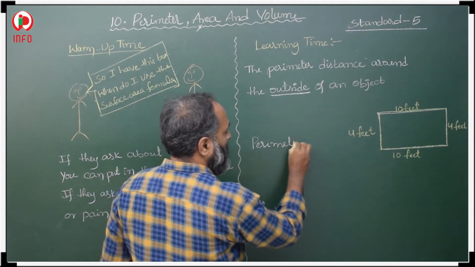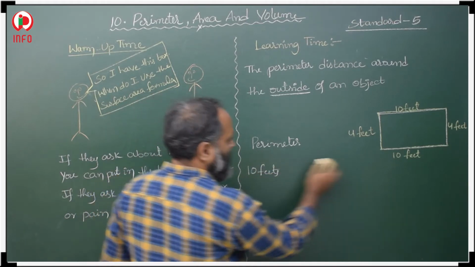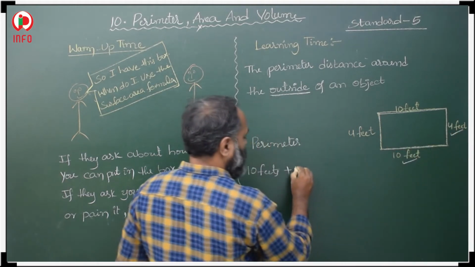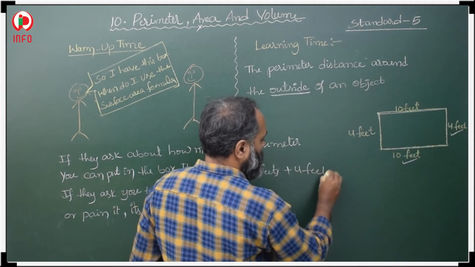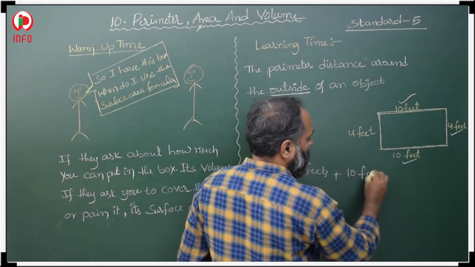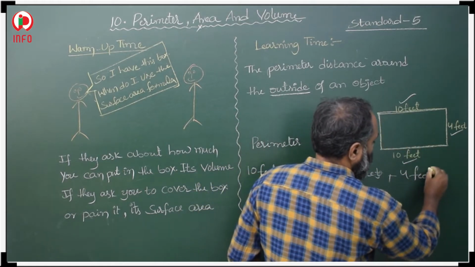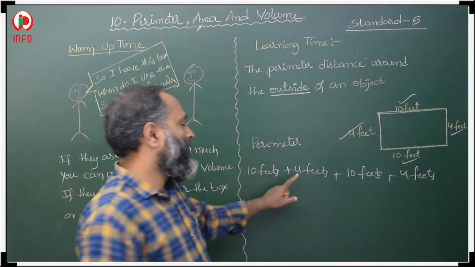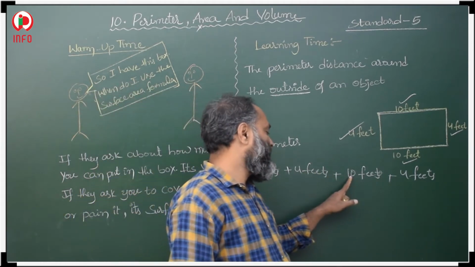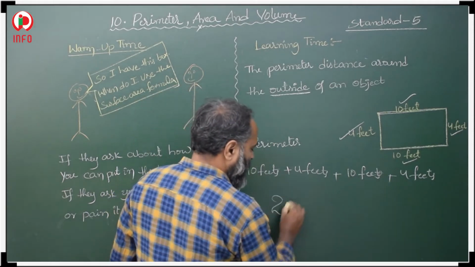Perimeter is equal to first 10 feet, then 4 feet, then 10 feet, then 4 feet. 10 plus 4, 14 plus 10, 24 plus 4, 28 feet.